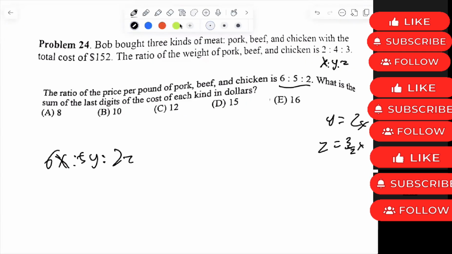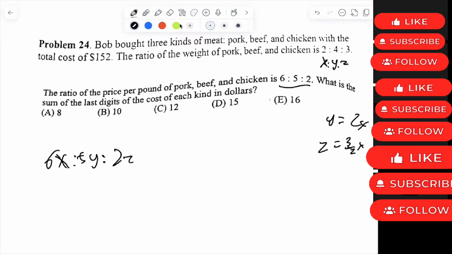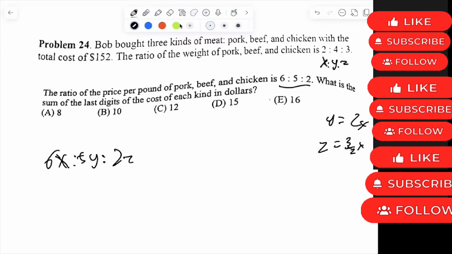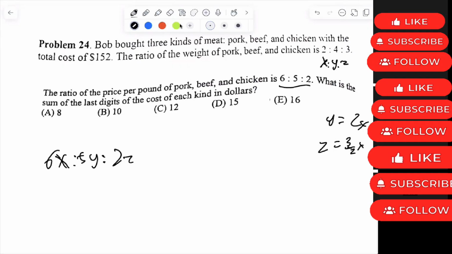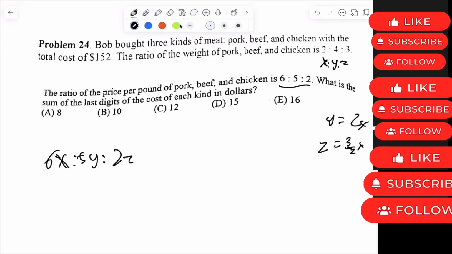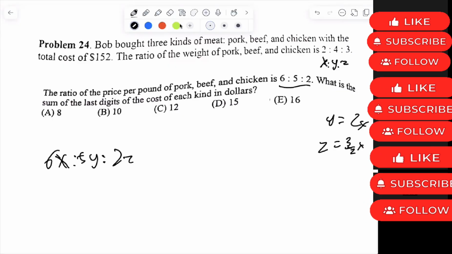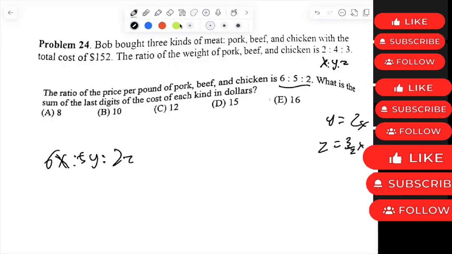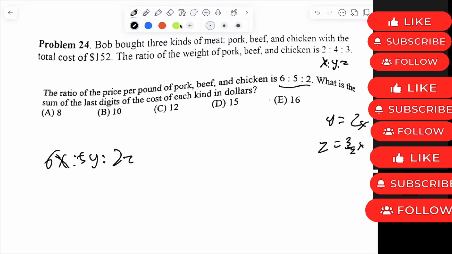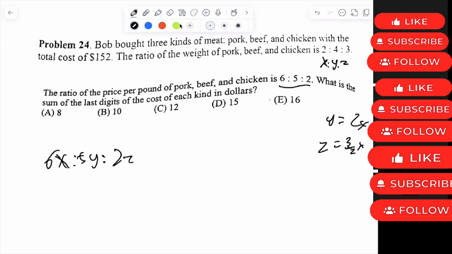What can we derive from the money? We wanted to look at the money. So what is it? Well, Bob bought 3 kinds of meat, and it's going to be a total of $152. That's the ratio between the weights. Alright? Now the ratio of price per pound is just going to be 6 to 5 to 2. Since it's going to be price, we want to care about price.